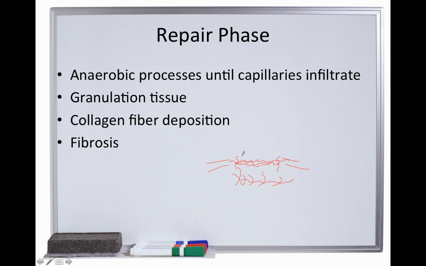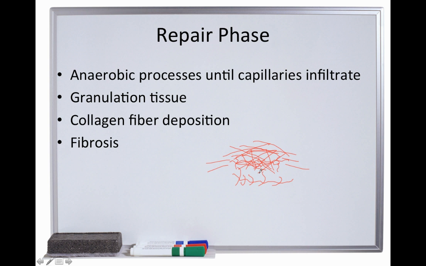Your granulation tissue is going to come up, differentiate into the tissue that you need there. And eventually collagen fibers are what are going to lay down. They will first lay down in a random fashion, just trying to get things healed up and reconnected. Then over time, as the healing process goes on, depending on what the forces are on the tissue, the collagen fibers start to line up a little bit more regularly, and you get a stronger wound healing area.